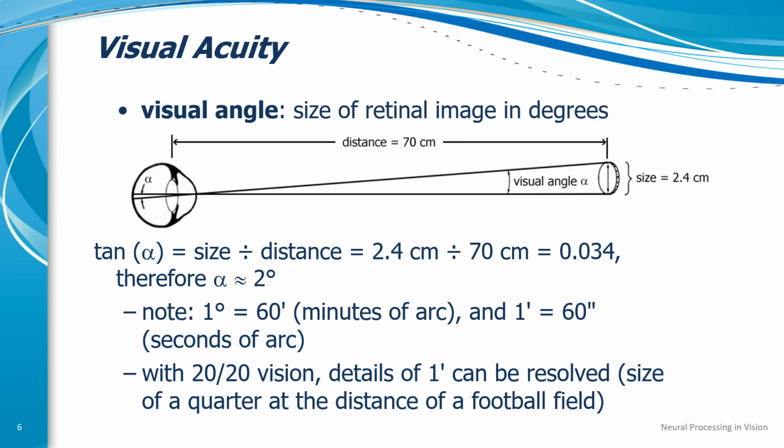So imagine you're on one end of the football field, and there's, let's say, a football player at the exact other end, and they're either pinching their fingers together or they're holding up a quarter in their fingers. You should be able to see the difference if the fingers are pinched together or if they're holding up a quarter.